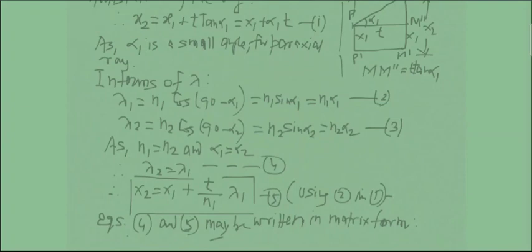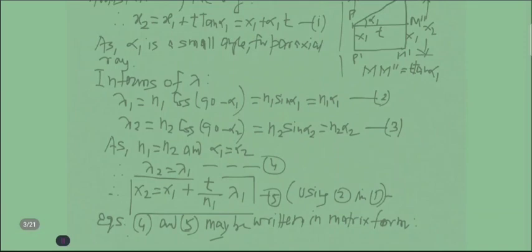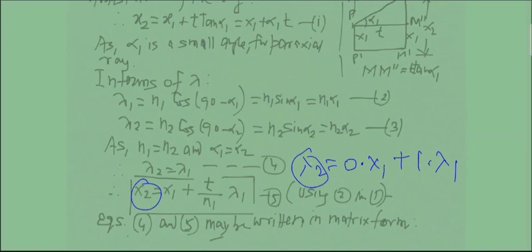So equations 4 and 5 may be written in the matrix form. Now how do we write in the matrix form? Let us understand. We have something like this: 0 into x1 plus 1 into lambda 1. Just write these equations like this: lambda 2 on the top, and correspondingly x2 at the bottom, equal to the coefficients.